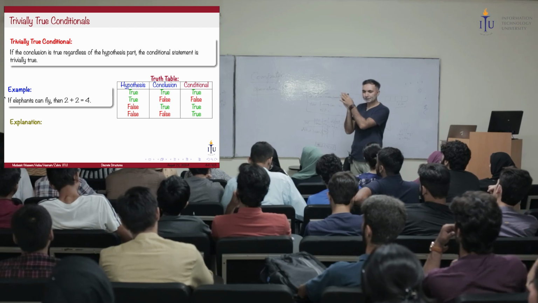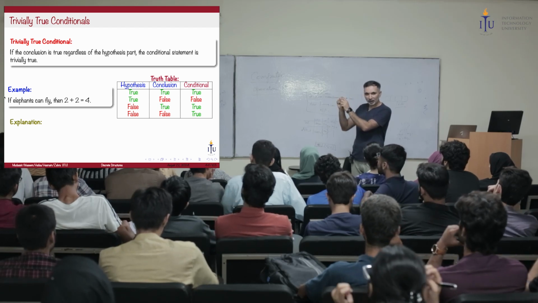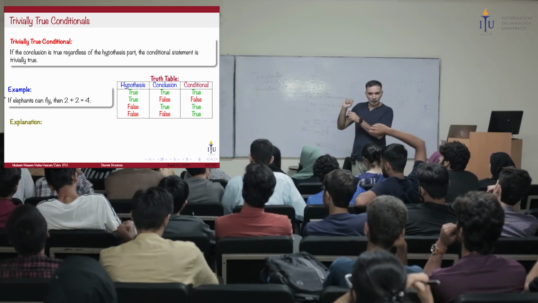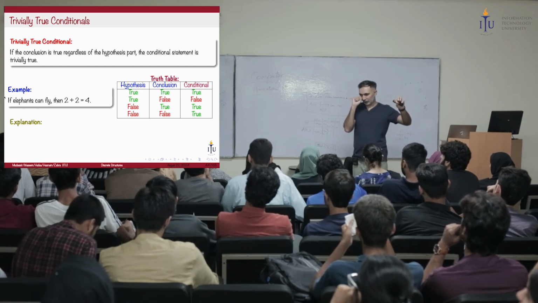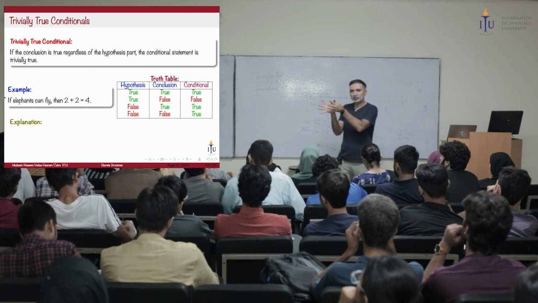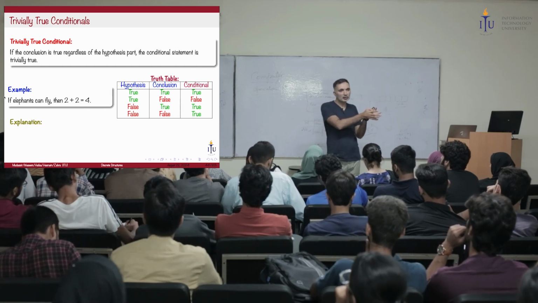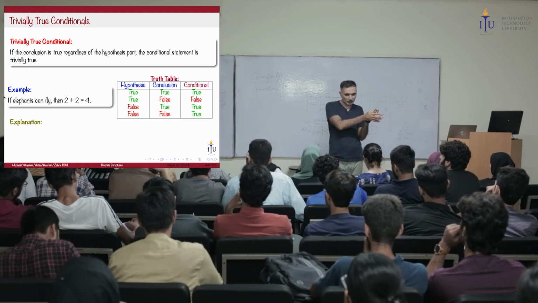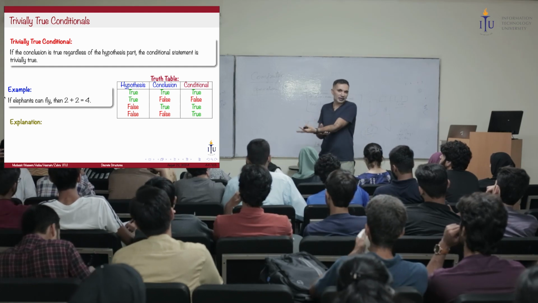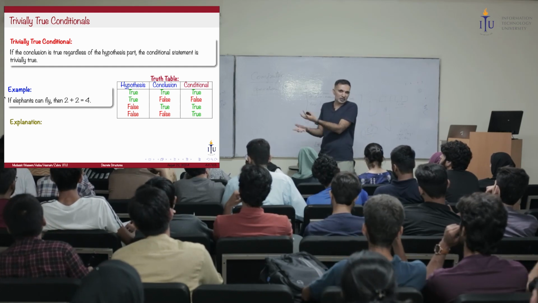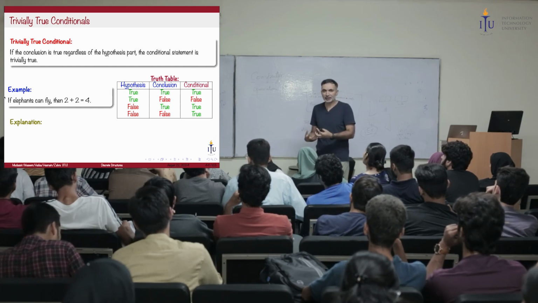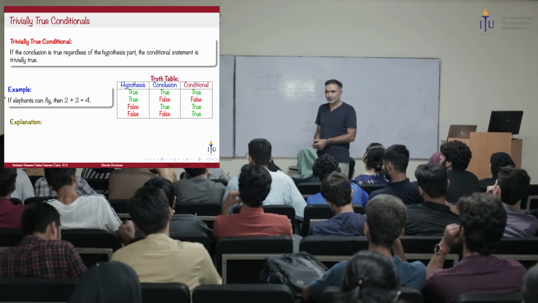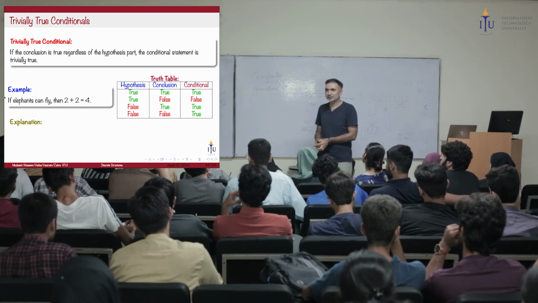If the conclusion part, the Q, is true, in that case I don't even need to look at P. So if the conclusion is always true, I don't even need to look at the premise. Because what is being promised is true, the statement would always be true. This we call trivially true. Does this make sense?